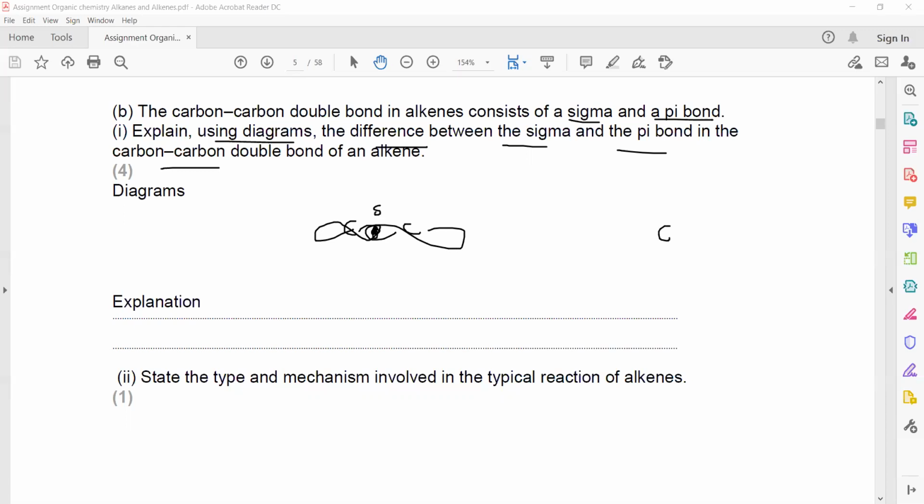And when their axes are parallel, like if this is one axis, this another, this results in the formation of an attraction that's known as a pi bond. So a sigma bond is formed by complete overlapping of the orbitals, whereas a pi bond is formed when the axes of the orbitals are parallel to each other.